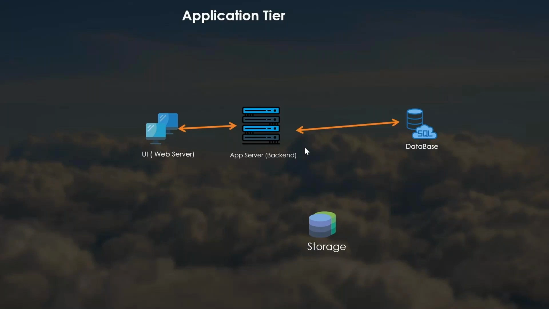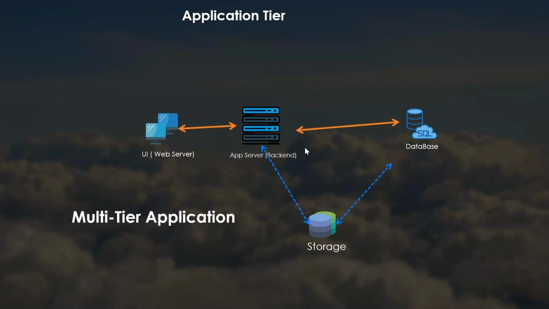We have to really control the security aspects of this application: how a UI connects to the app server, how the app server connects to databases, and how we can use a storage solution connected with these options. This technology we generally call a multi-tier application, which has all the tiers.